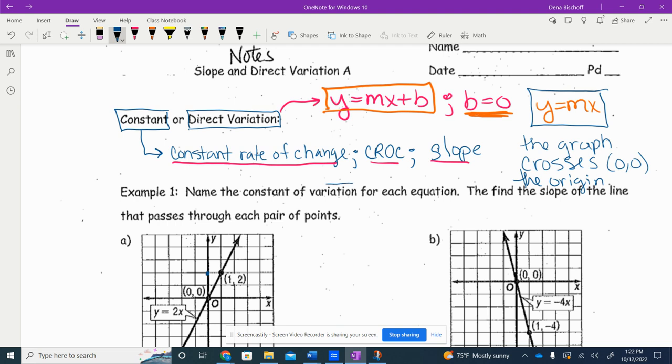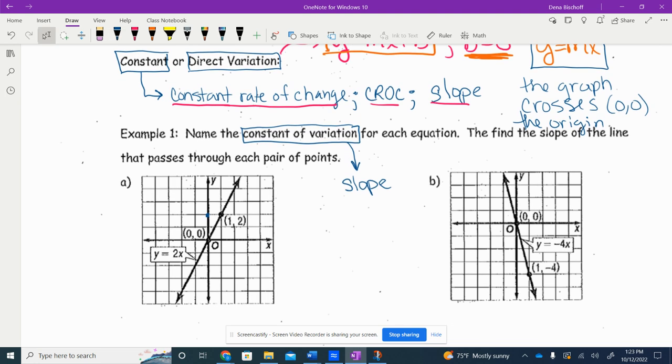So the first thing that we have to do is find the constant of variation for each graph and write an equation. But remember that the constant of variation is the same thing as slope. So can we look at this first graph and figure out what the slope is?